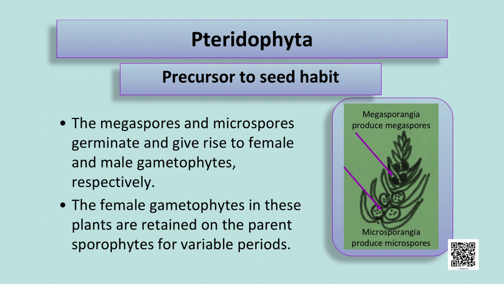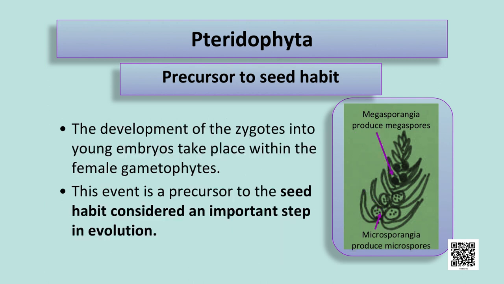The female gametophyte starts germinating when the megaspore is still inside the megasporangium, thus is retained on the parent sporophyte for variable periods. The development of zygote into young embryo takes place within the female gametophyte. This event is considered as precursor to the seed habit and an important step in evolution.